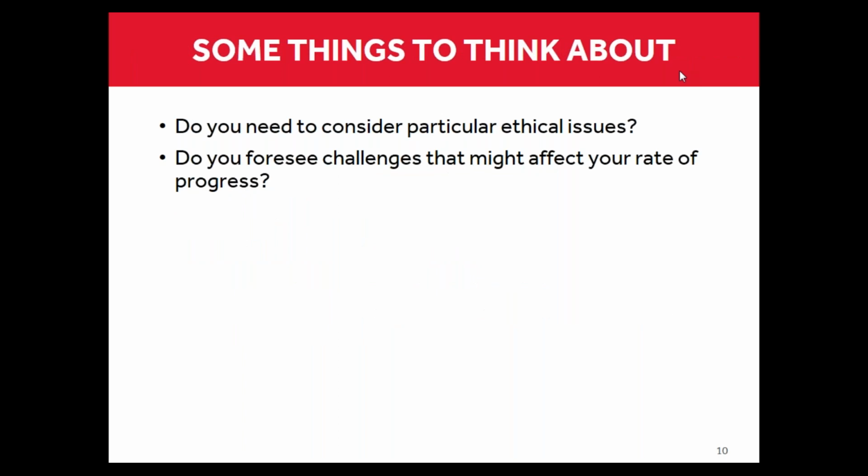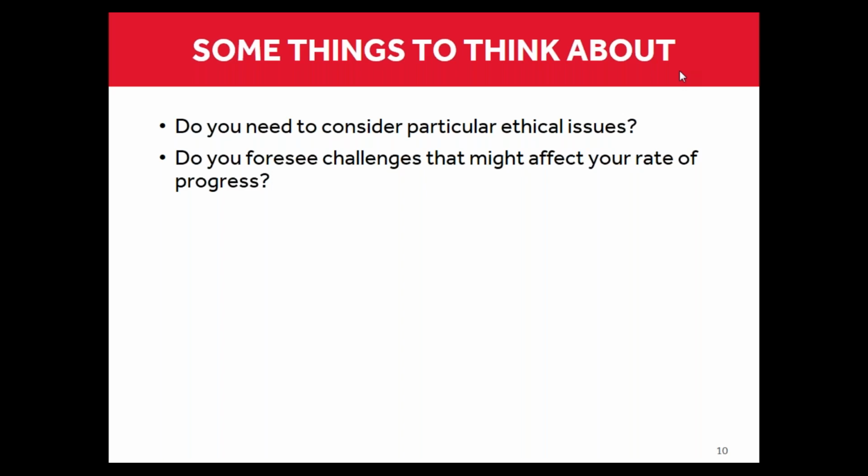When you're talking about your methods and the way that you're going to work, it's also good to think about whether there are particular ethical issues. If you're using human participants, you need to decide whether this is reasonable and effective and how many people you'd need to work with.